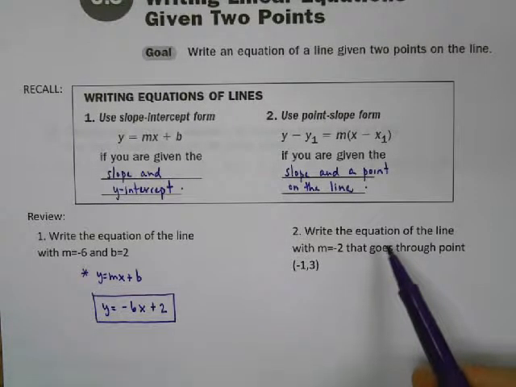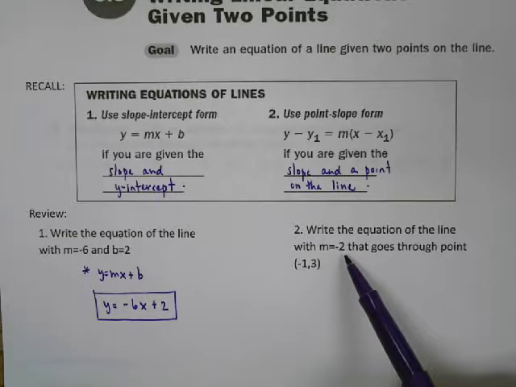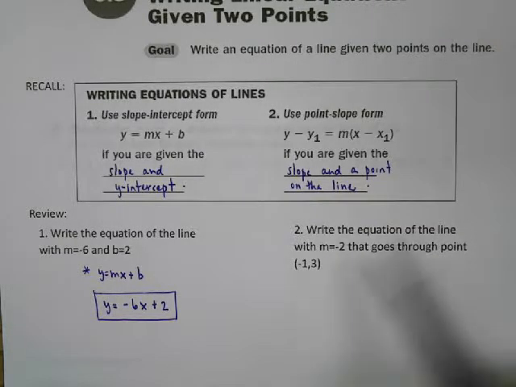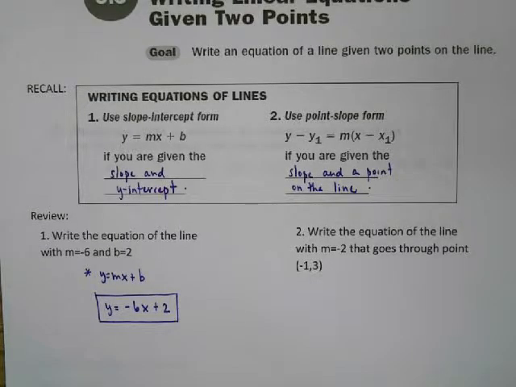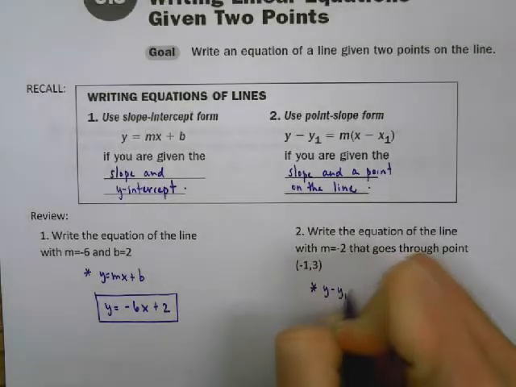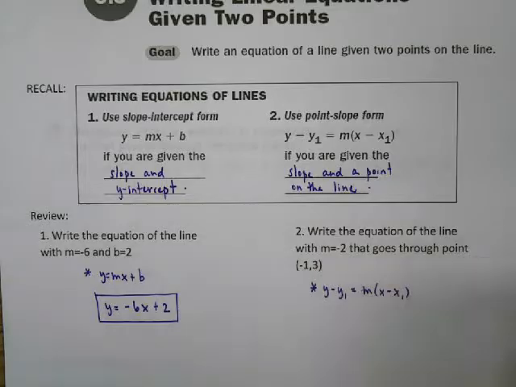For example 2, now we're asked to write the equation of the line with m equals -2 that goes through point -1, 3. So here we're given a slope and a point on the line, so we're going to use point-slope form, which is y minus y1 equals m times x minus x1. And by now the expectation is certainly that you've memorized this formula.